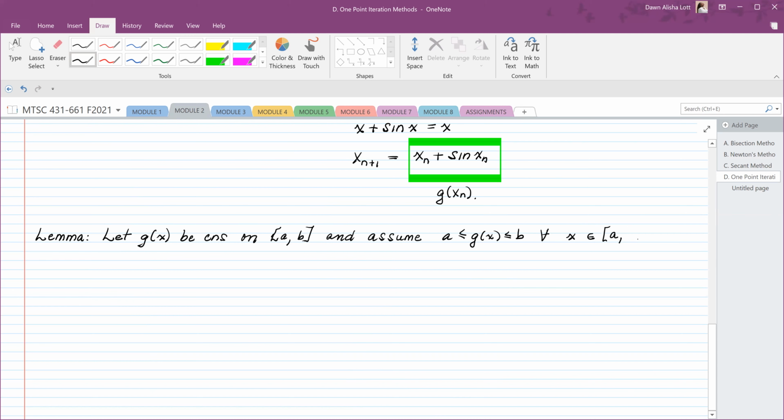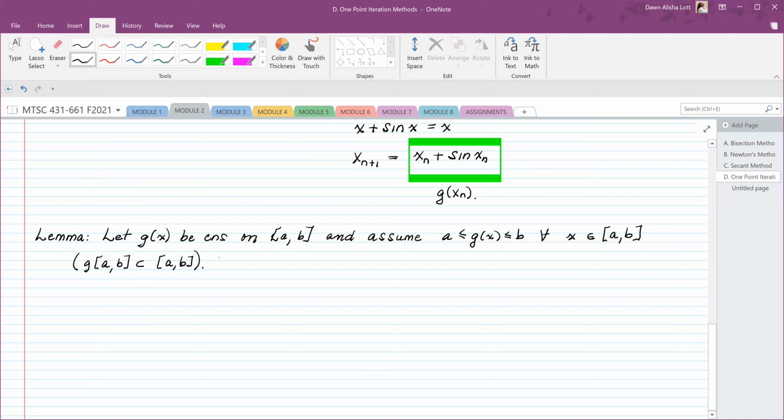So whatever g is, if g is defined on the interval [0, 1], anytime you take g of a value inside the interval [0, 1], you go back into the interval [0, 1]. What that means is g of the interval [a, b] literally goes back into the interval [a, b].